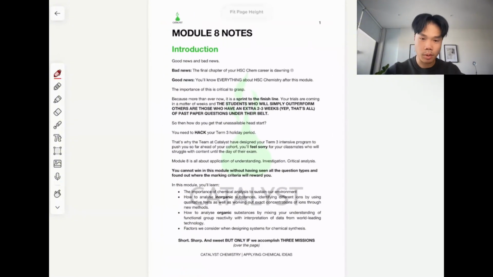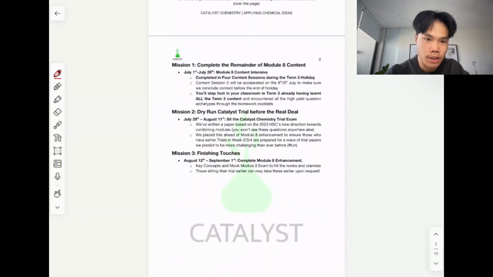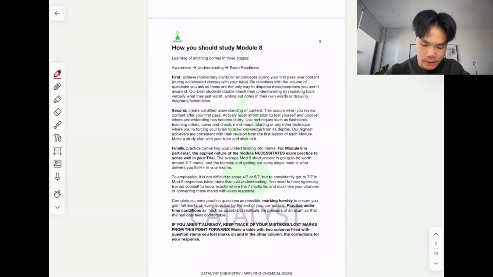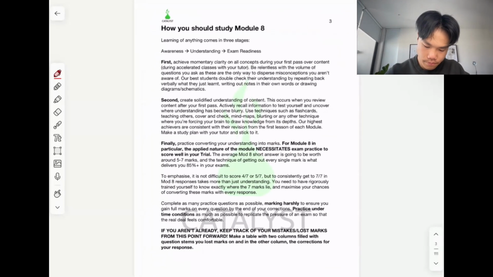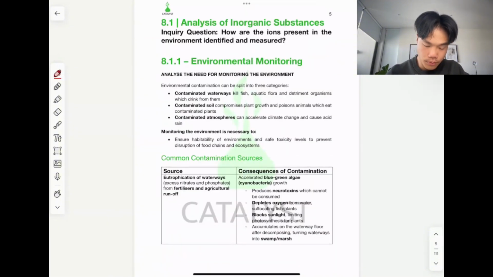Module 8, applying chemical ideas. So the module is split into 3 parts, and we'll start with the first. You begin the module by introducing that the reason why we're doing all this is because we have to monitor how many ions or what ions are present in an environment.